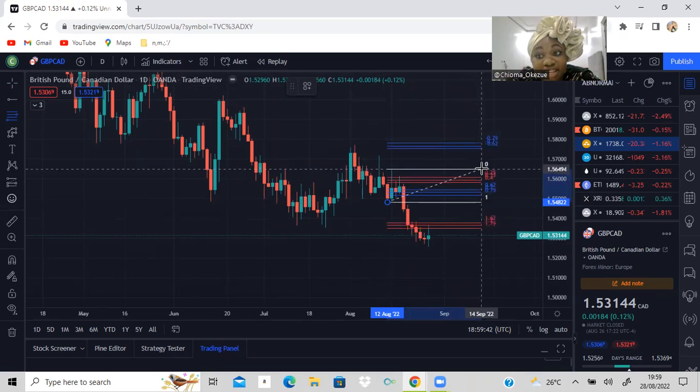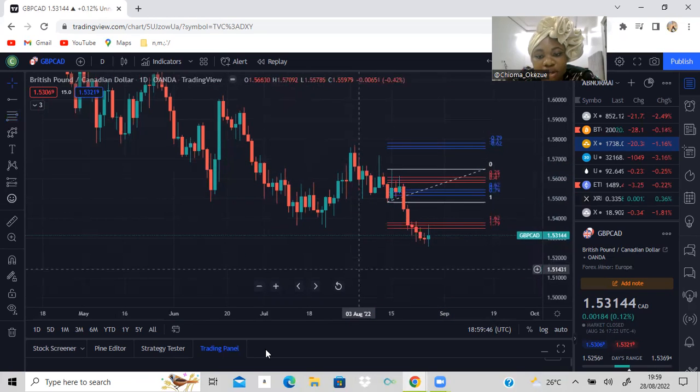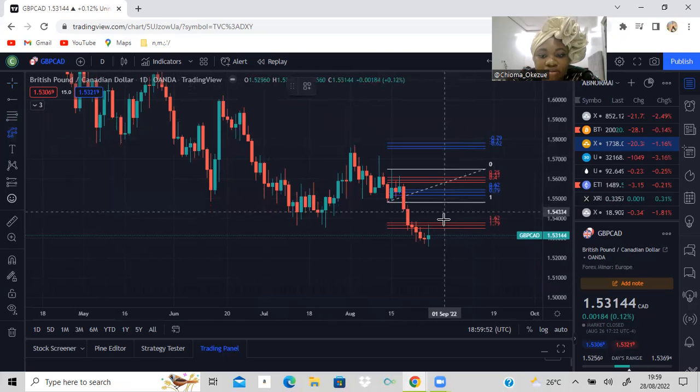So you determine the neckline first before you determine the second leg. All right. So what are we waiting for? We'll wait for market to come here and take this market down to our TP.